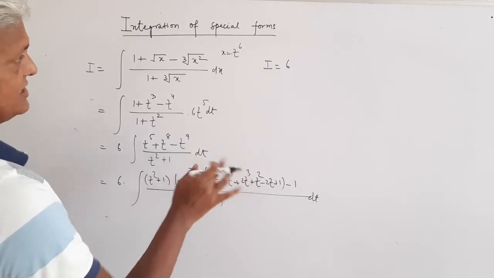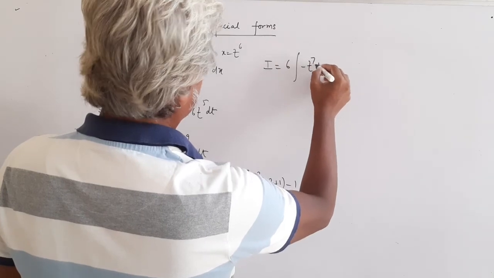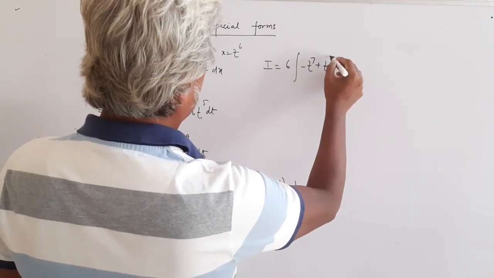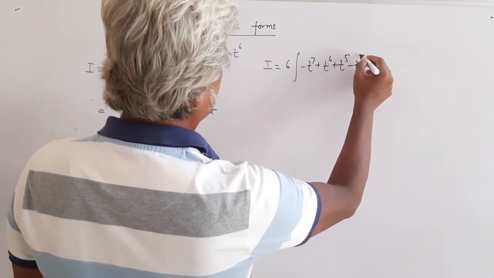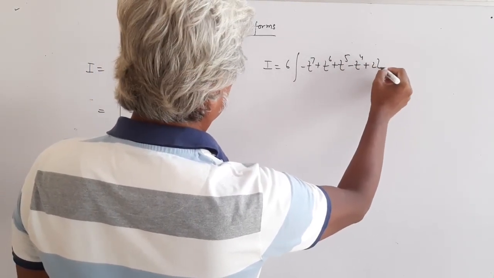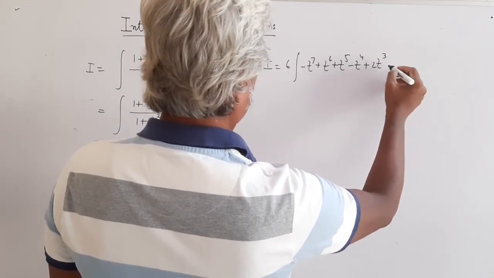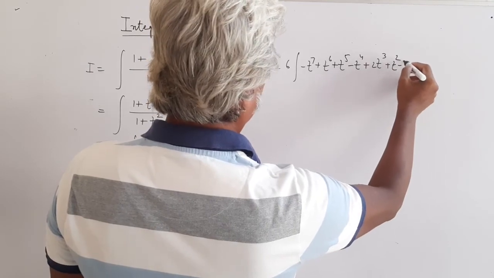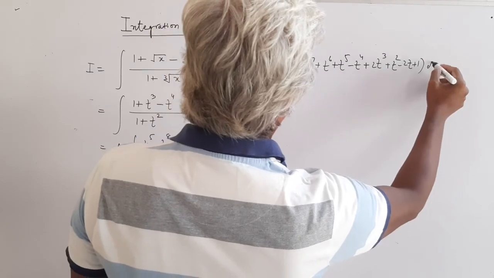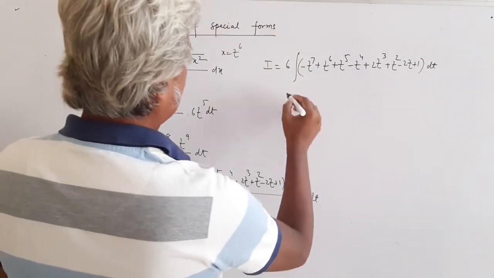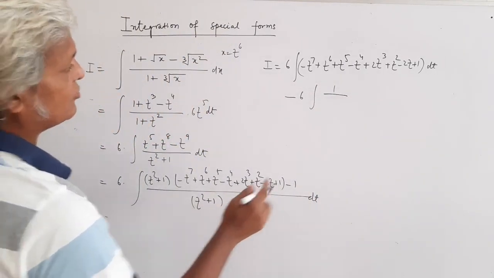So I'll write only this part, that is minus t to the power 7 plus t to the power 6 plus t to the power 5 minus t to the power 4 plus 2t to the power 3 plus t square minus 2t plus 1 dt, and then minus 6 integration of 1 over t square plus 1 dt.